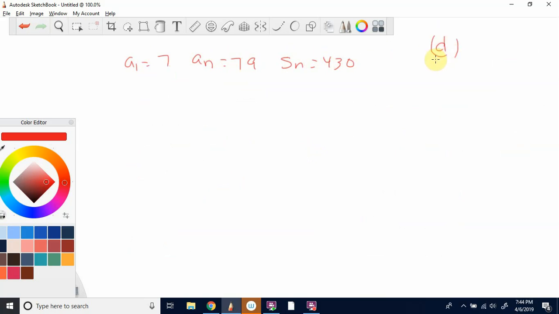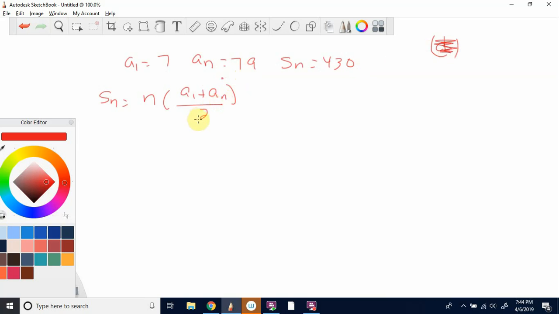If I look at my S of n formula, nowhere there is a d, but I know a sub n, but I don't know what n is, so I'm going to have to do 2 pieces to this. All right, so we start off with our formula, S of n equals n times a sub 1 plus a sub n over 2. If I just find n, then I can use this formula because I have enough information here. I don't need to find d.